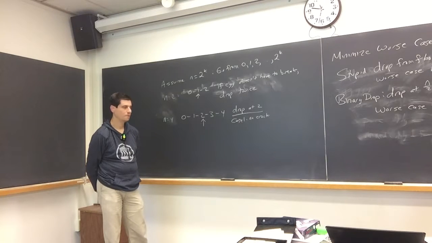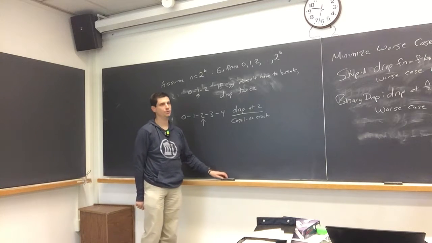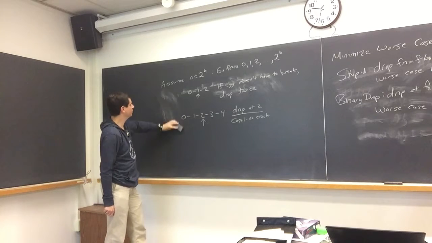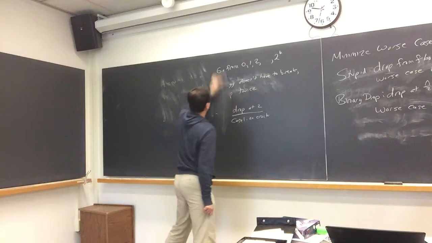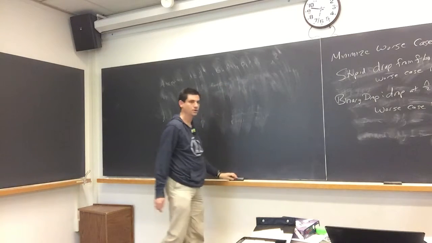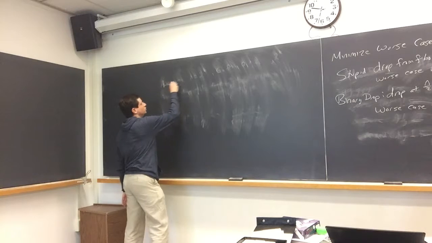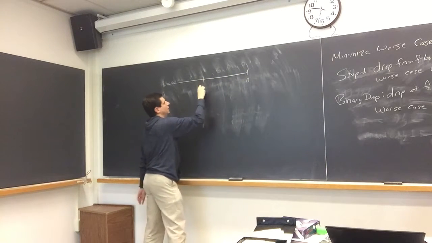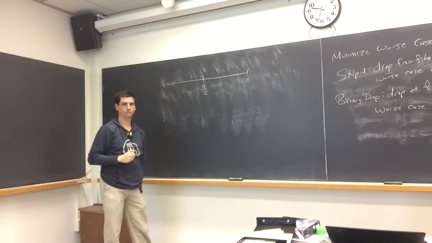I think doing small cases is kind of messing us up. Or should we do really small cases and not try powers of 2? Or you want to do something big? Yeah. When you do really small cases, you get x in the way. Okay, so let's try a really big case. Let's go from 1 to n, and we drop it at n over 2.